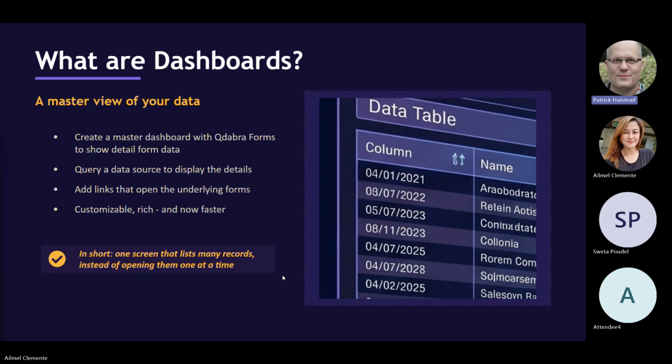You have a view onto the data that needs to be worked on, or reviewed, or approved, or whatever. So you can create dashboards with Qdabra Forms, and we're going to show you how to do that today. This has been a feature for a long time. We've been doing dashboard webinars forever and a day. Mel, what's the next slide?